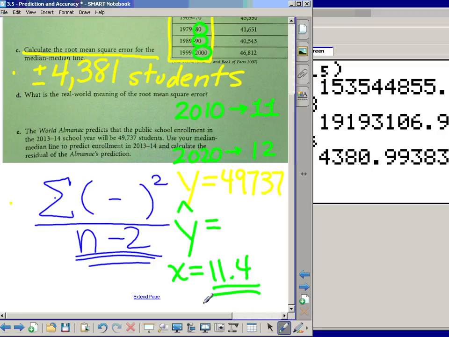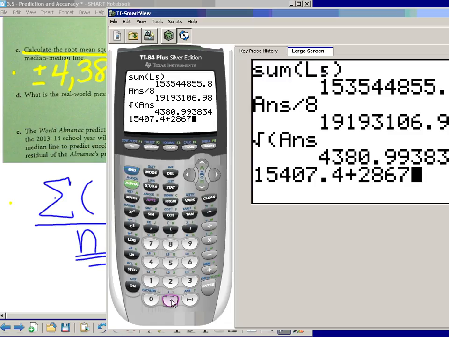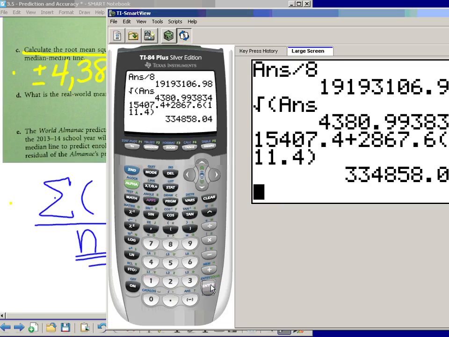Please ask me about that or post on the discussion about that if you're not quite sure why I'm using 11.4. But from here, we just take our equation, which is 15407.4 plus 2867.6 times 11.4 to get the predicted value for the year 2014.